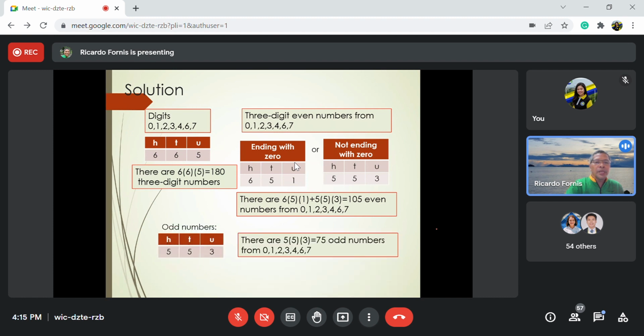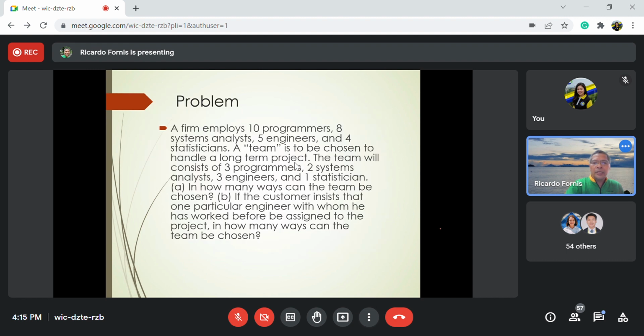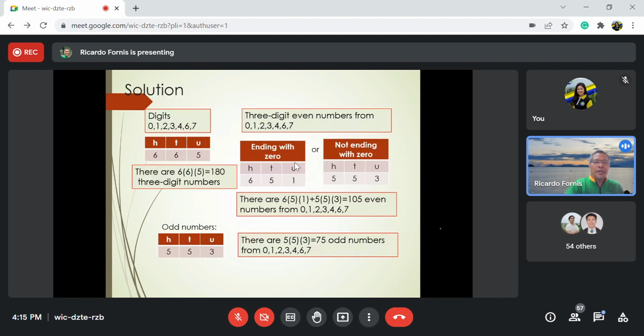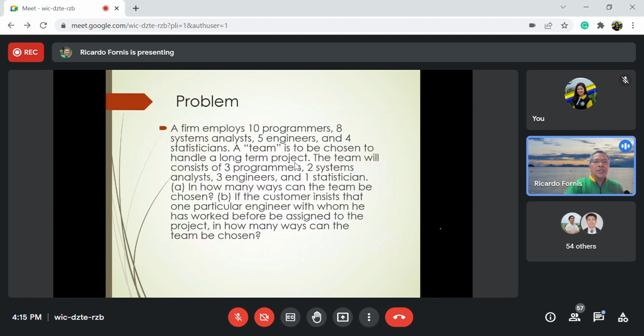Or you can utilize the odd, and there are 75 odd numbers. And you notice I don't have the solutions anymore for number 3 and number 4 because I will leave it as your exercise.